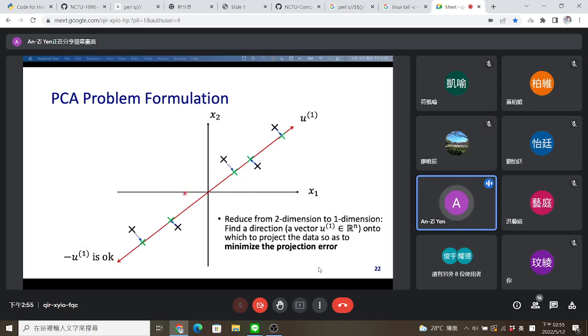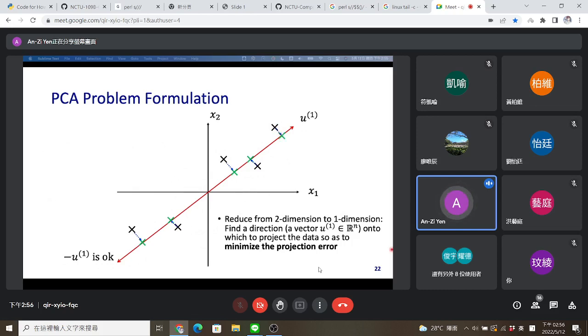In other words, it gives either a positive u1 or a negative u1. It doesn't matter because each of these vectors defines the same red line, which makes our projection error minimized.